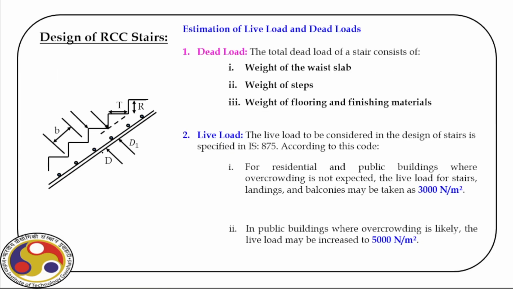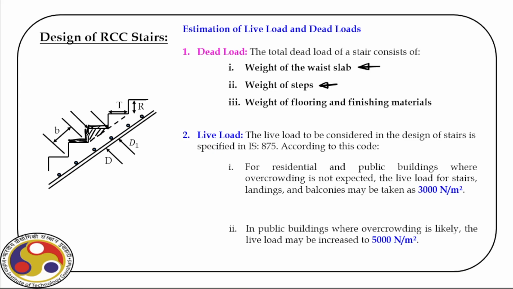Now for loading on the stair, we have again dead load and live load. Now in case of dead load, we have the waist slab contributing to the dead loads, then weight of each step, as you can see here. So each step will contribute to the dead load. Then weight of flooring or finishing. So once we put the concrete here, then after that we have to put the flooring material here and here.